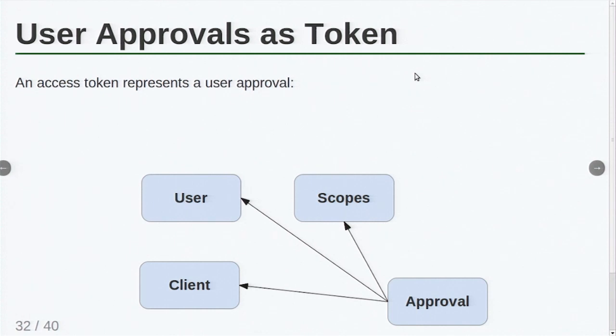The user has approved those scopes for this client, and that data is all encoded in the token, so the token is a representation of the approvals. All right, so that's basically the 1.0 model of OAuth2, Spring Security OAuth2, and the UAA as it was at the time when we first started it.